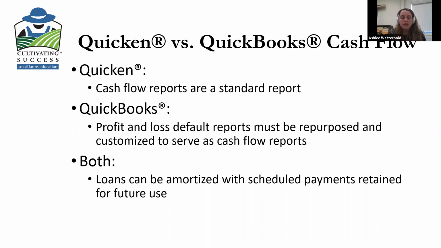Whereas in QuickBooks, one of the standard reports is that profit and loss statement, so we would have to repurpose and customize it to serve as a cash flow, making it more complicated than Quicken. But in both programs, loans can be amortized with scheduled payments retained for future use. So you know when those loan payments are coming out and how that affects your financial position.